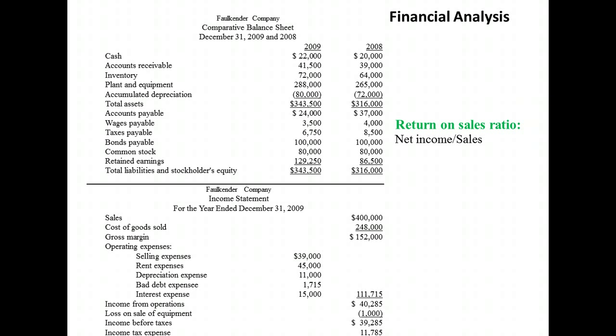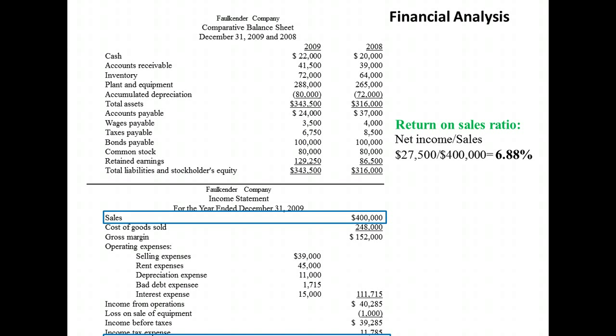But it comes out to 27,500. It's below the screen there, but 27,500. It's 39,285 minus that. And you can't see it. It's cut off there. There's the 27,500 divided by sales, gives you a return on sales ratio of 6.88. So that means for every dollar in sales, we make 6.8 cents in income.